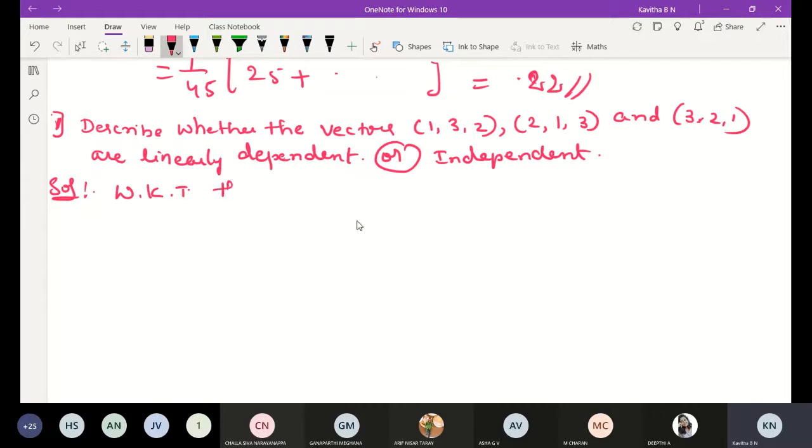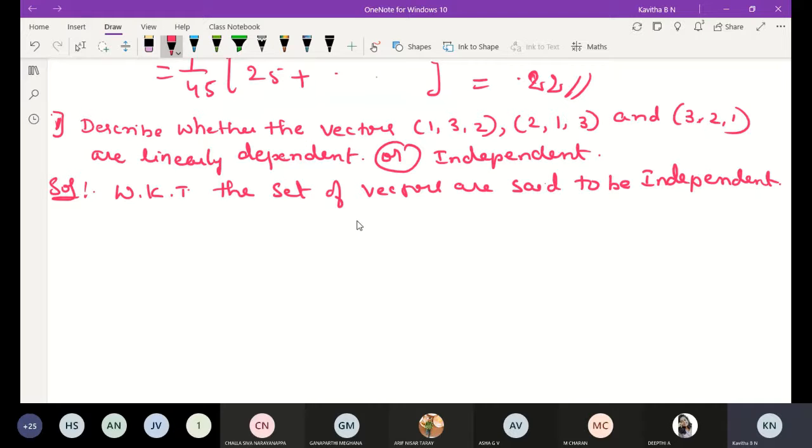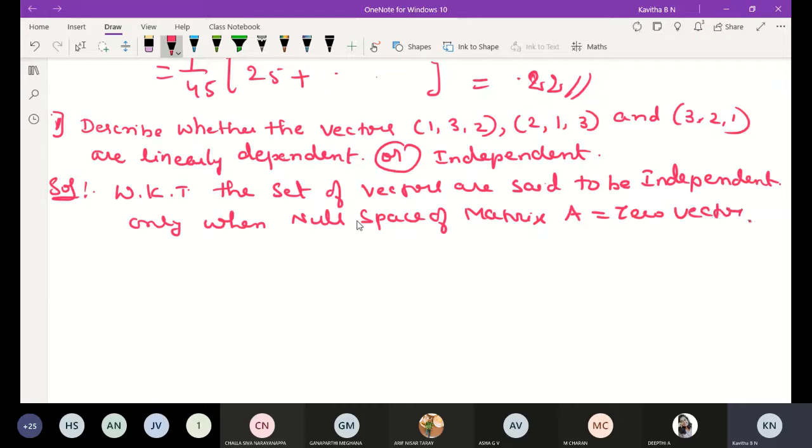We know that the set of vectors are said to be independent only when the null space of matrix A is equal to the 0 vector.